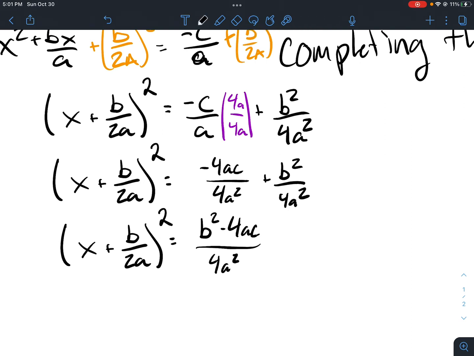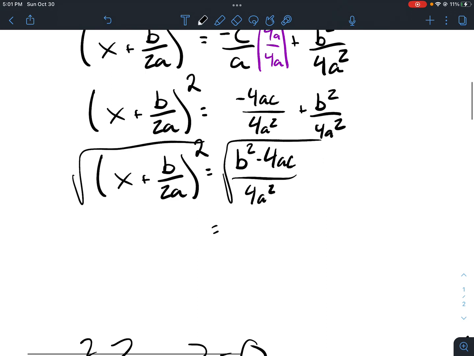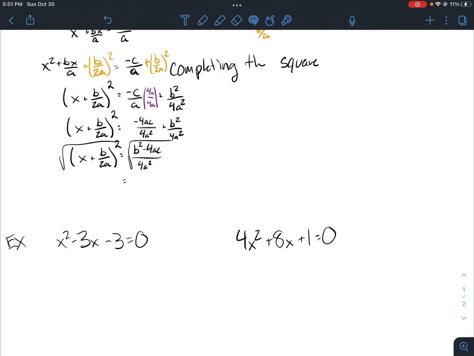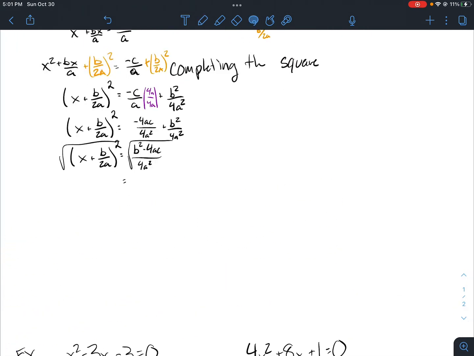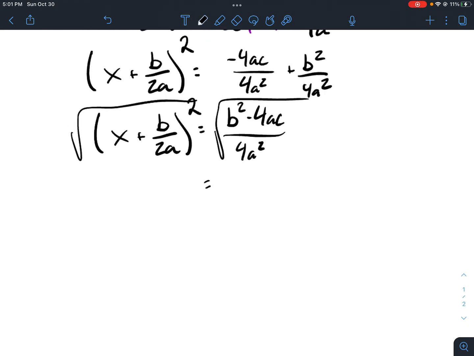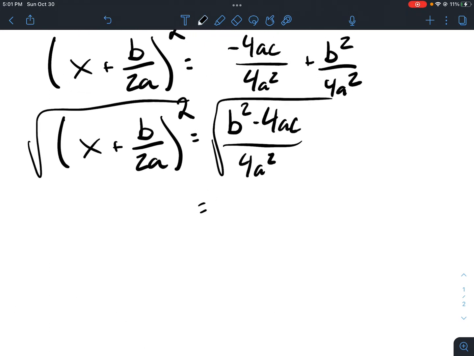Once we get to this step, remember we're trying to get x alone. So what we're going to do is take the square root of both sides. You can note that on the right side, we can't take the square root of what's on top very easily. But we can take the square root of what's on the bottom very easily.